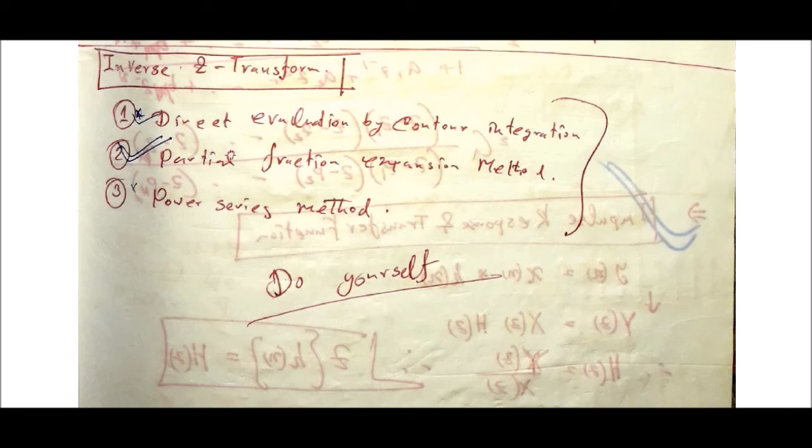That will be the preparation for your semester examination for this topic. The last one, the power series method, is easier than the first method but more complex than the second method. You can go through this also, but I suggest you prepare all the examples for the second method.